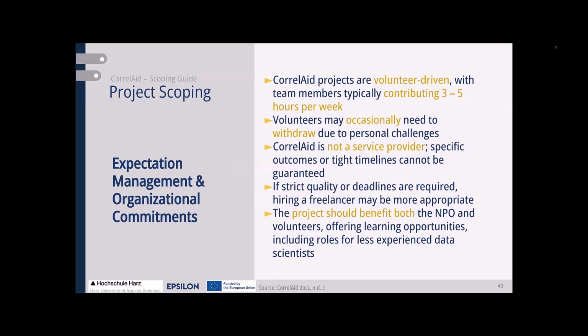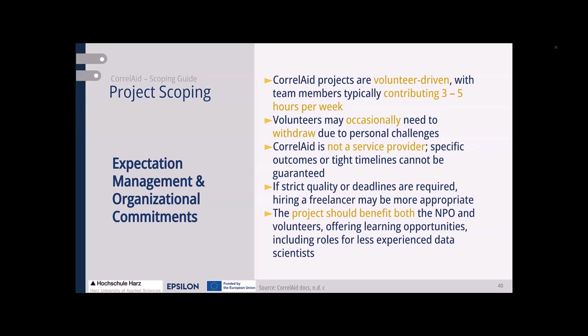Therefore, you always have to ensure that there's proper knowledge management and documentation of the results in place, which also stops you from being quick in a project. So be aware of this issue.